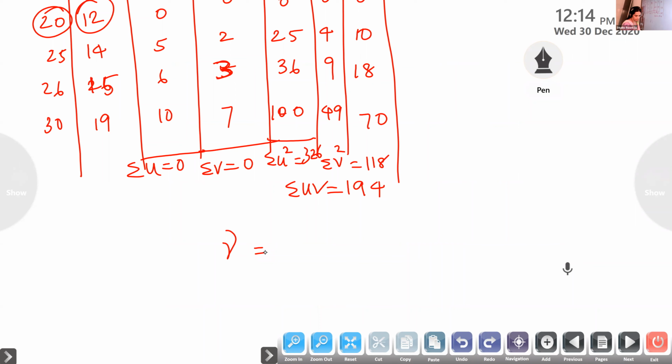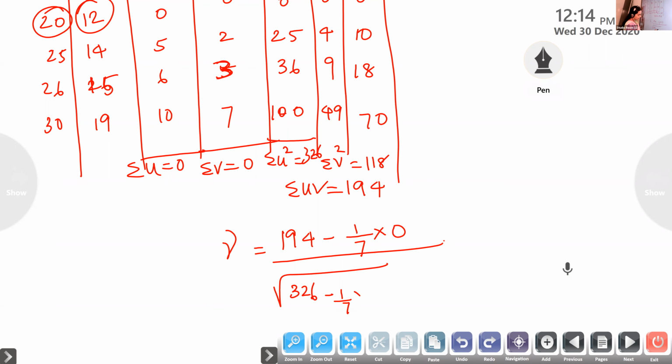So the coefficient is 194 minus 1 by 7 into sigma u, which is 0, divided by root of sigma u squared, which is 326, minus 1 by 7 into 0 square, into root of 118 minus 1 by 7 into sigma v, also 0 square.